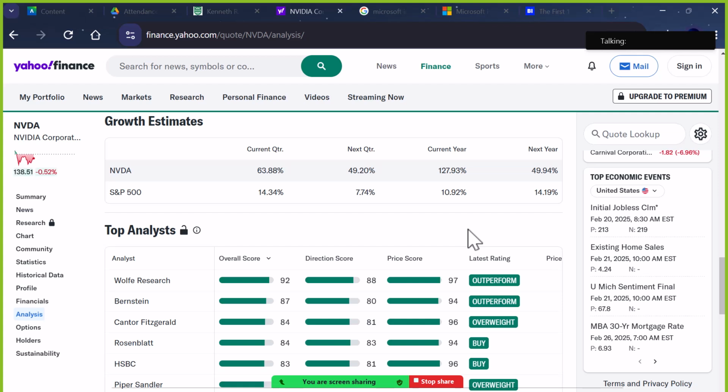Underneath are the numbers for the S&P 500 firms. And remember, a big portion of the S&P 500 is NVIDIA itself. Despite that, they're growing at breakneck speeds. Let's look at the same numbers for Microsoft.